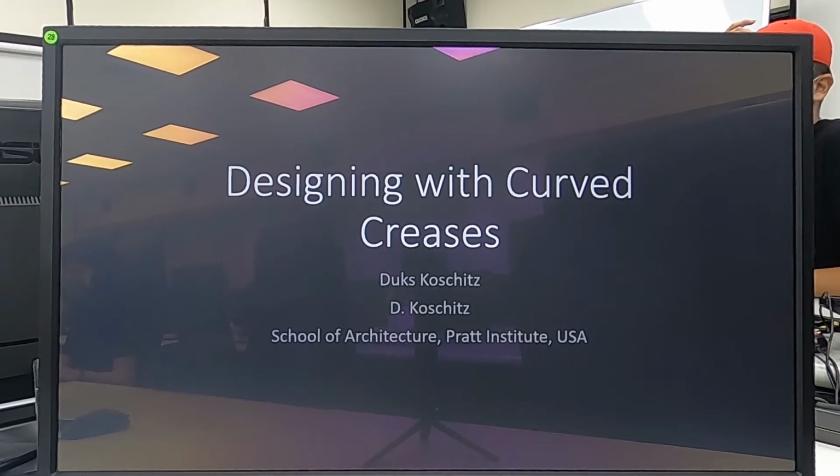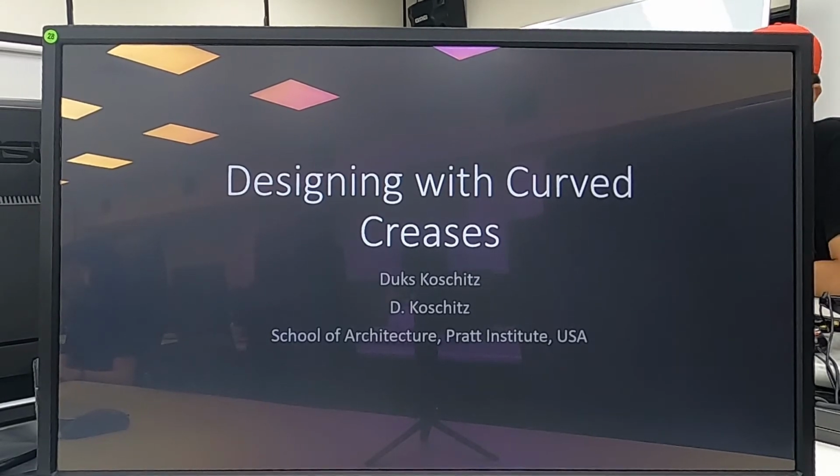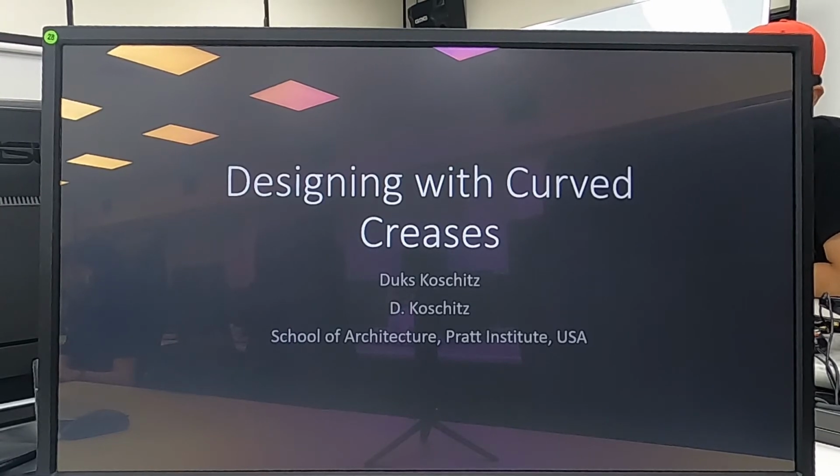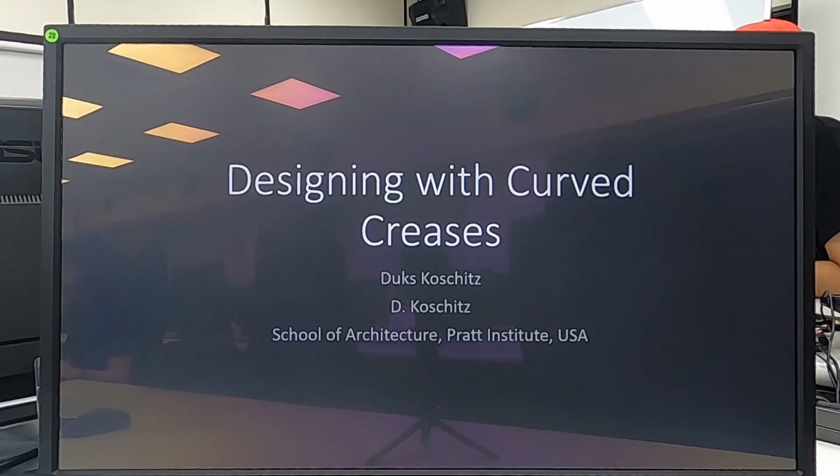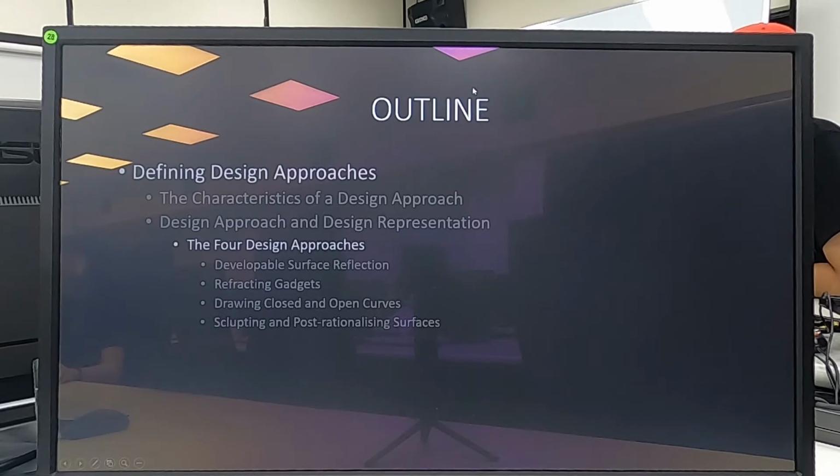Okay, I will talk about designing with curves experiences. This paper is from the School of Architecture in the USA, Pratt Institute. First is the outline of the presentation. Basically, this defines the characteristics of design approach.